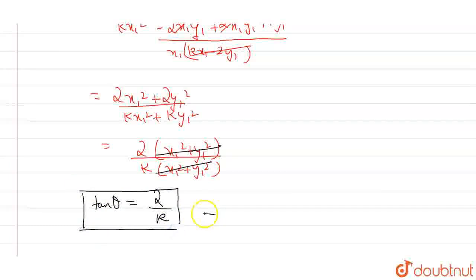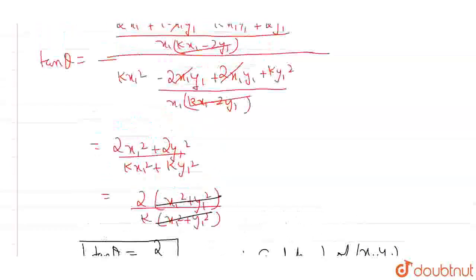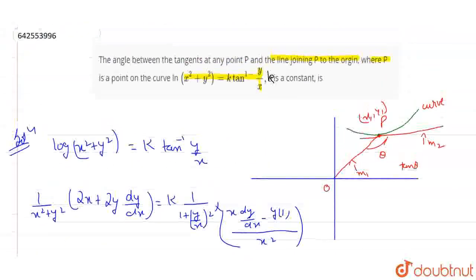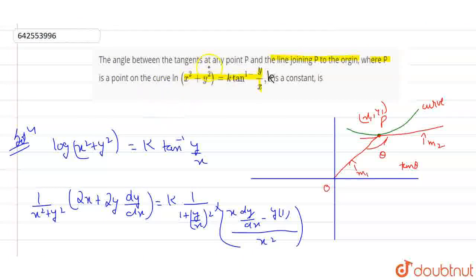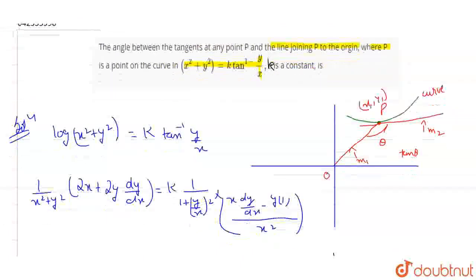So this is the answer we are looking for, and it is independent of x1 and y1, right? If we go to the question, what the question is trying to say is that the angle between the tangent at any point P and the line joining P to the origin, where P is a point on the curve, is a constant.